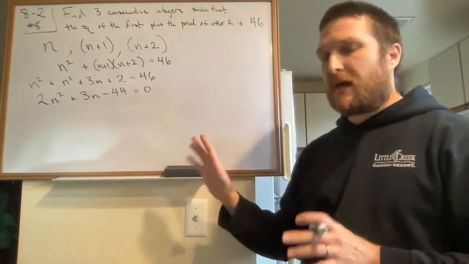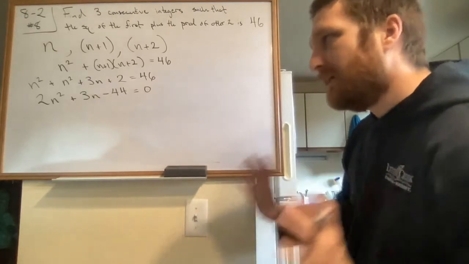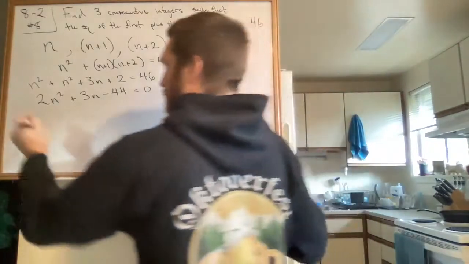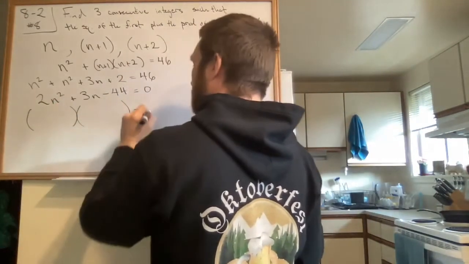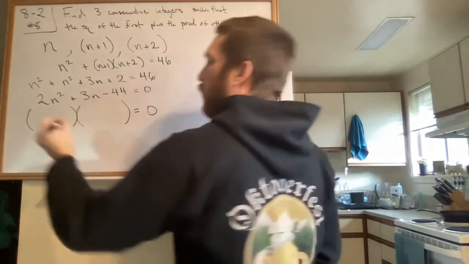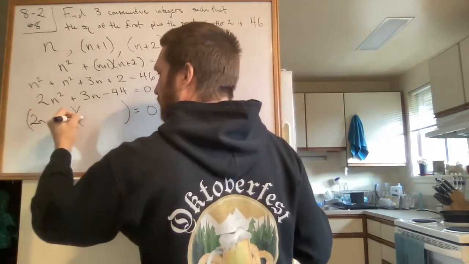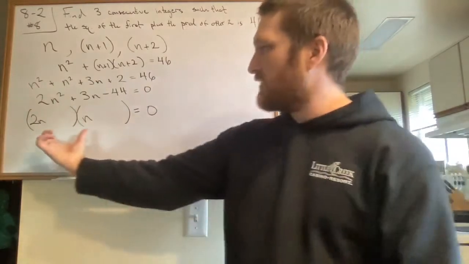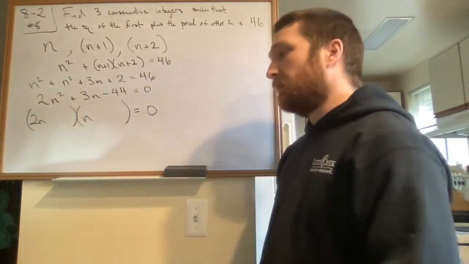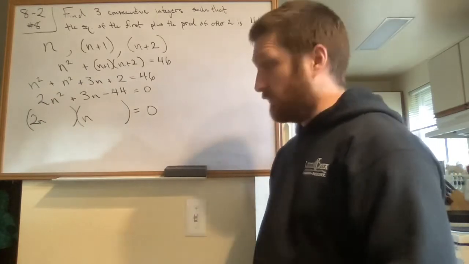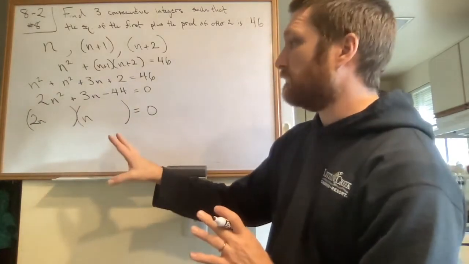So let's just check and see if this thing does factor into linear factors. One of them is going to be a 2n and one of them is going to be an n. That's the only way for my first multiplication to give me a 2n squared, unless I want to get really tricky, which I don't. That's the whole point of doing this.